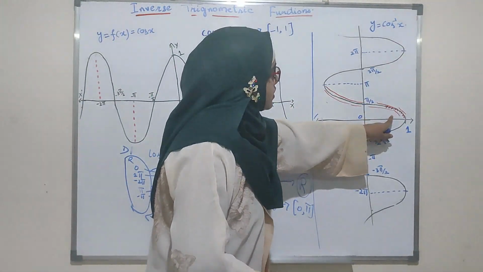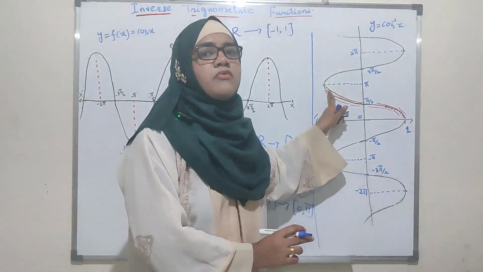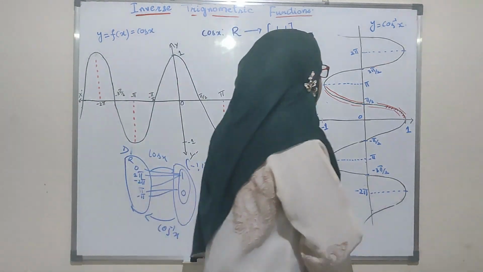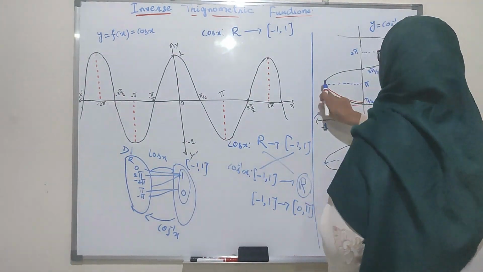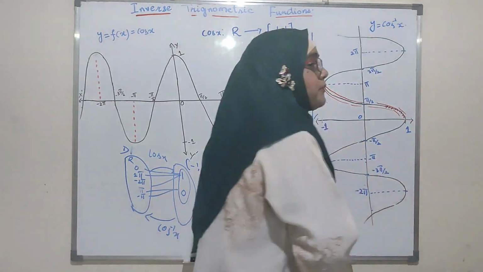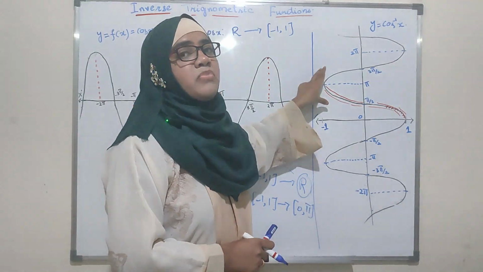For 0 to pi we make this function 1-1. You can see that for other intervals also, this function becomes 1-1.